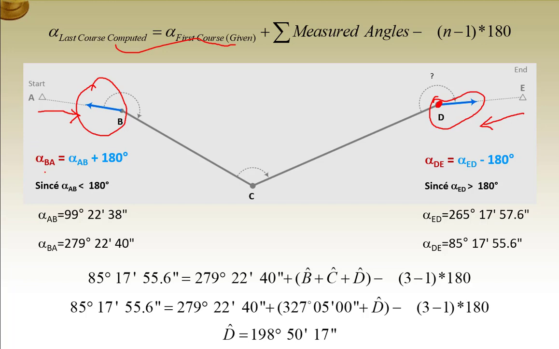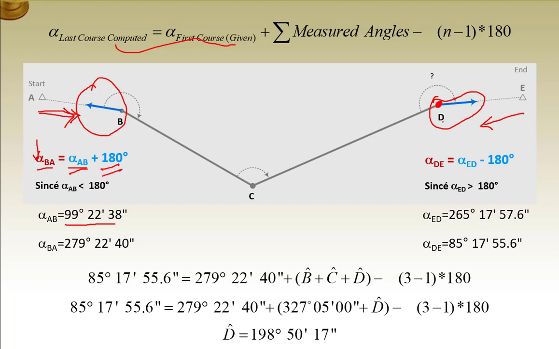So alpha BA, the back azimuth, equals alpha AB, which is given, and looking at the value, it is 99, which is less than 180, so we have to add 180.